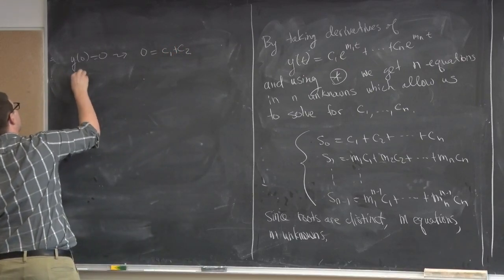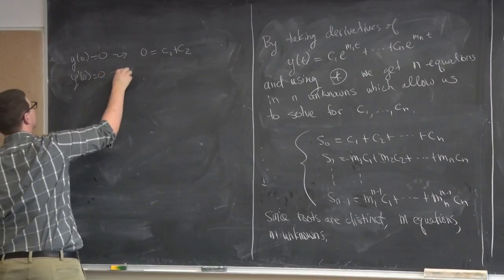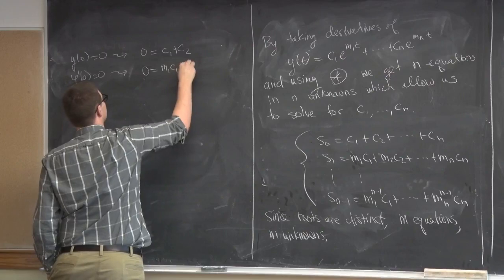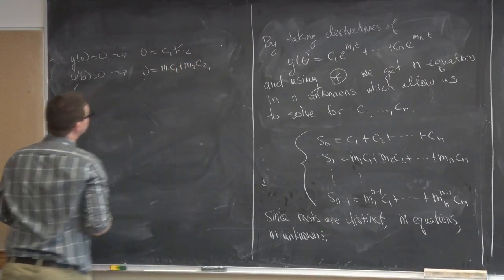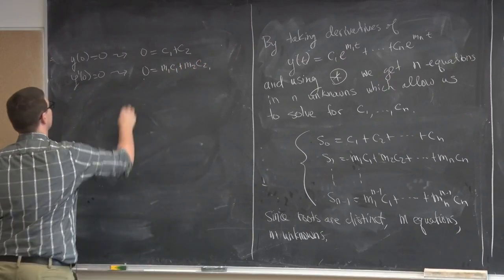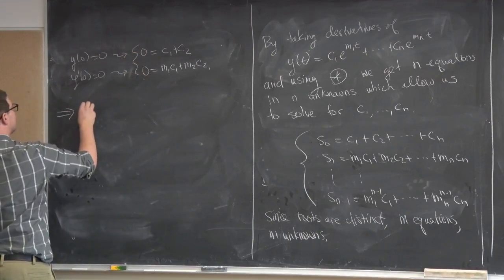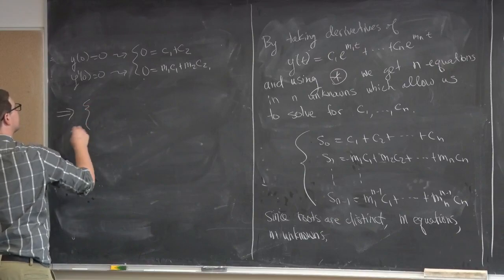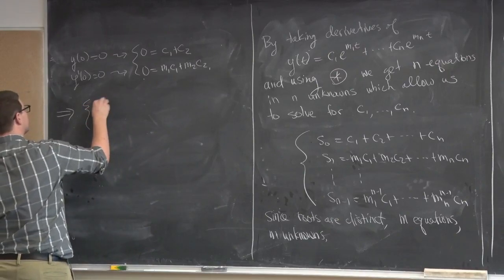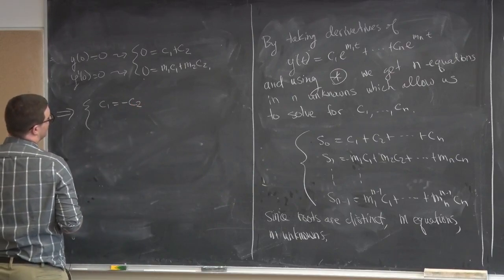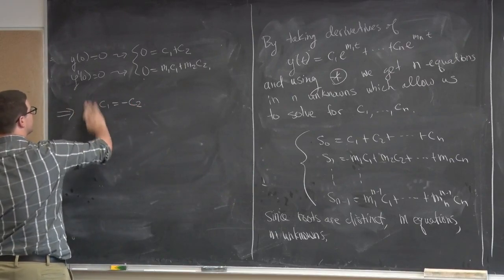And the y prime of 0 equal to 0 condition tells us that 0 is equal to m1 c1 plus m2 c2. Okay, so we have this system of equations here. Hopefully I don't need to add an extra condition, but let's see what happens. So c1 is equal to negative c2, and that's from the first equation.